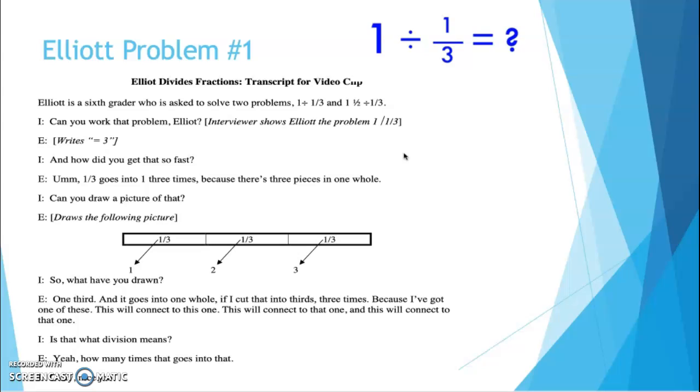And it goes into one whole. If I cut that into thirds 3 times, because I've got one of these, this will connect to this one. This will connect to that one, and this will connect to that one, showing the 1/3 is 1, 2, 3.